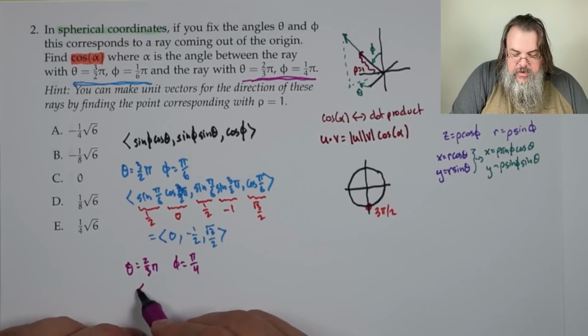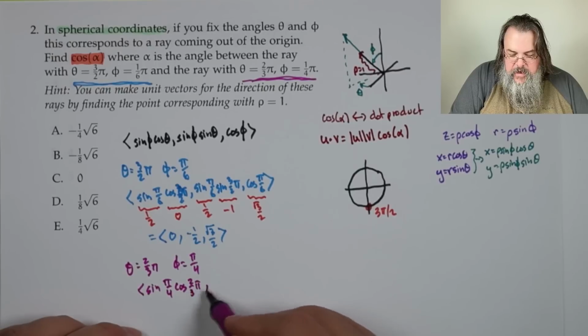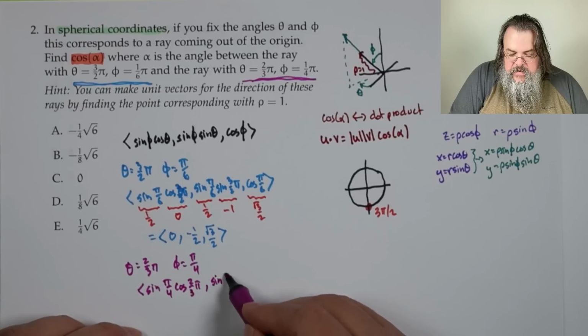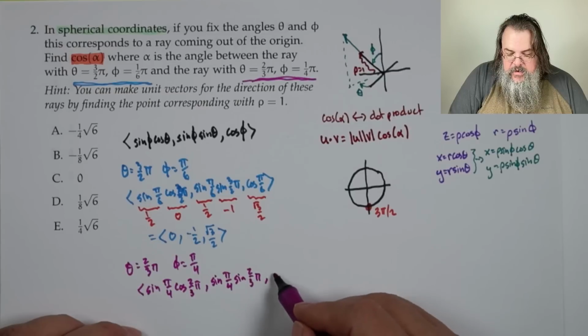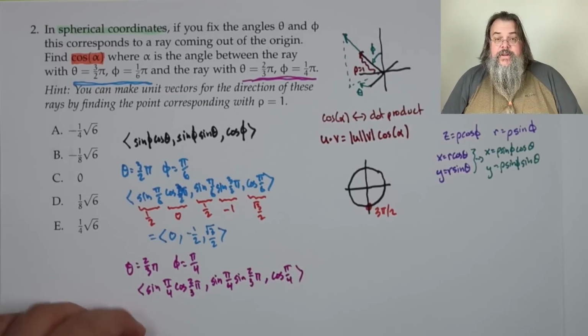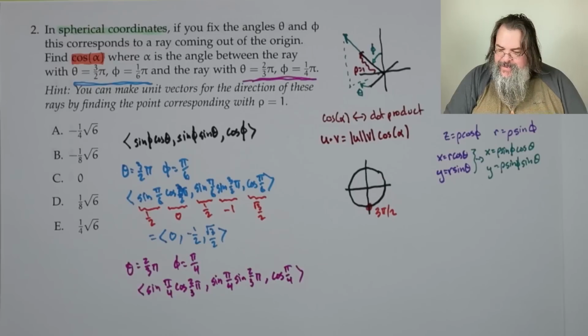Okay, so we're going to go sine of phi, cosine theta, comma, sine phi, sine theta, comma, cosine phi.